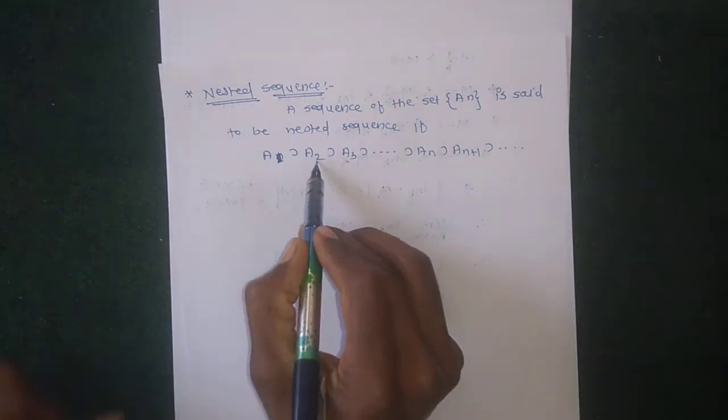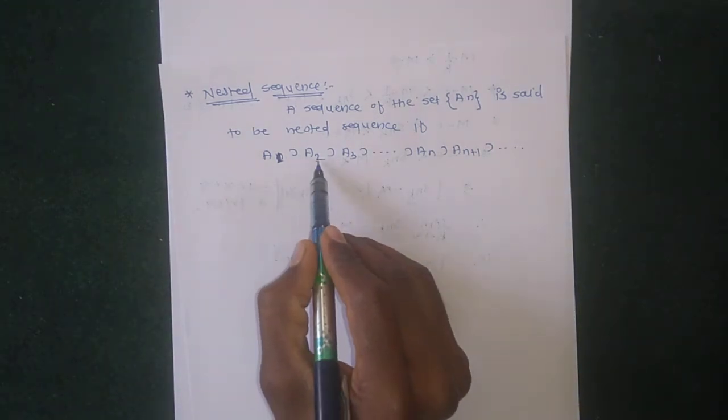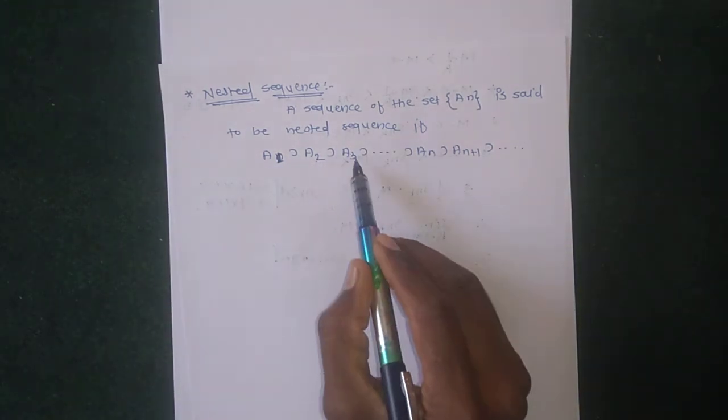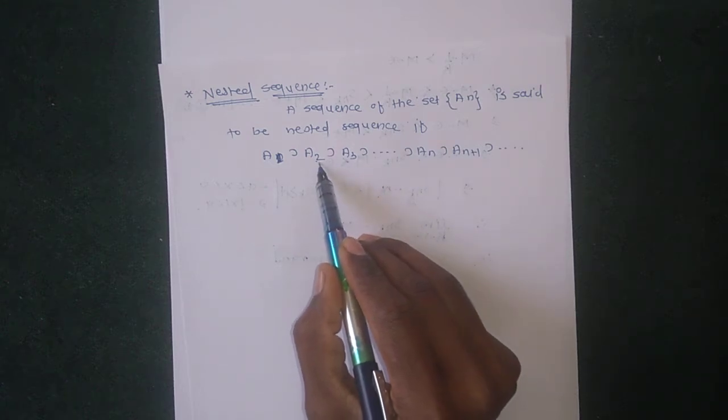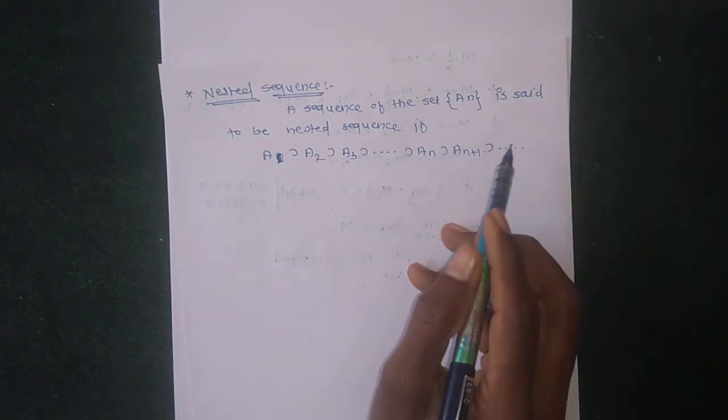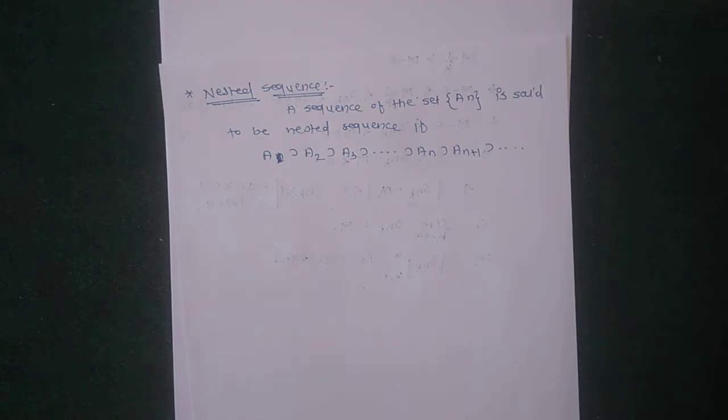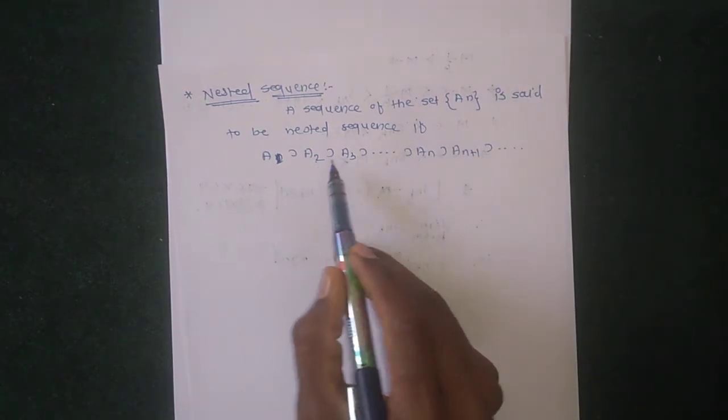That is, A2 is contained in A1, A3 is contained in A2 and up to so on. In this way, suppose that here we are taking any one of the intervals.